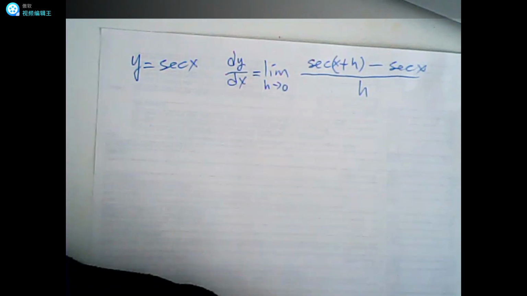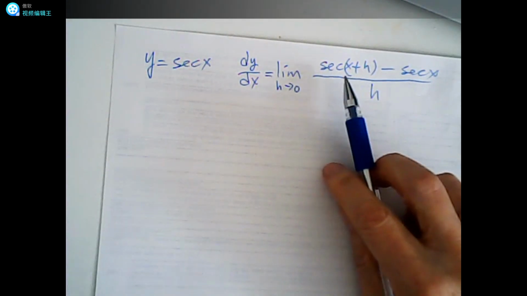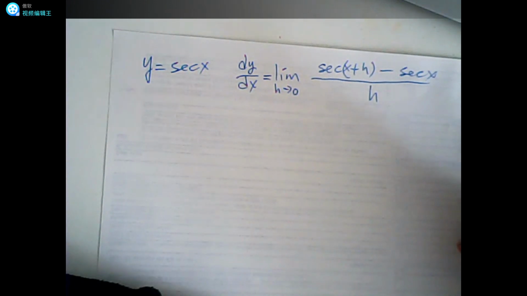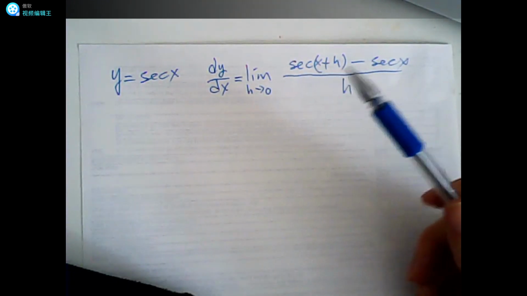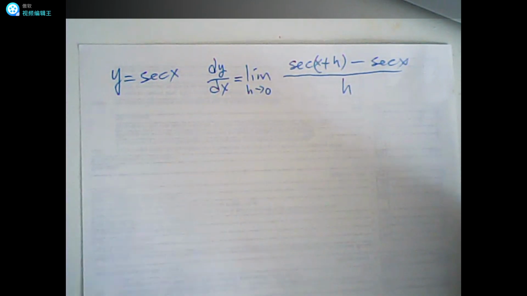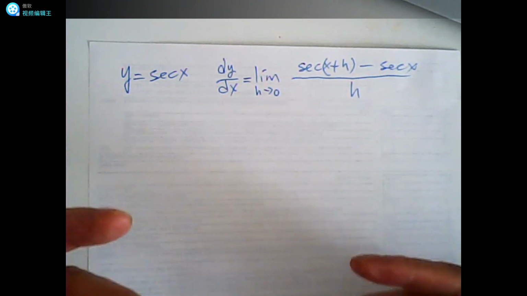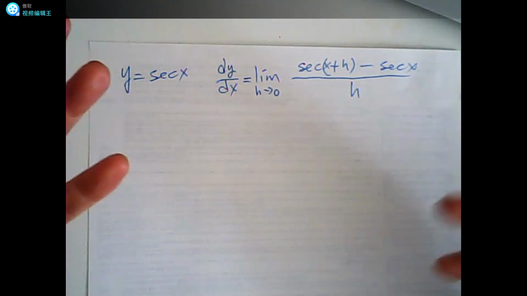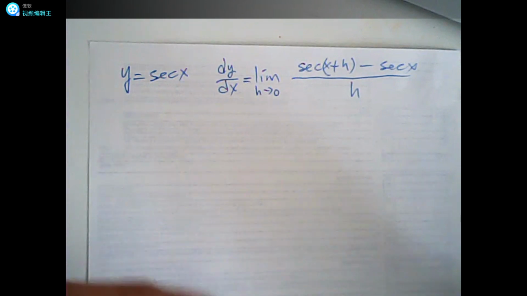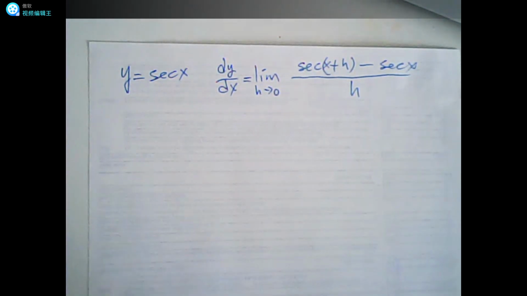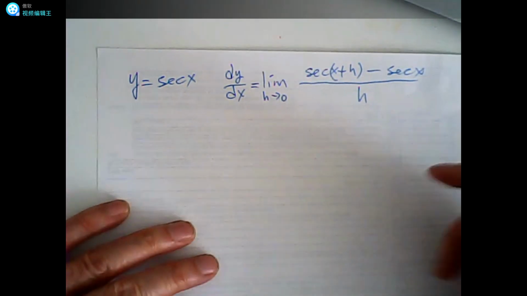All right, what to do? If we change secant into sine or cosine, it's much more familiar and simpler for us, because we have 6 trig functions, right? Sine and cosine are more familiar to us, like brother and sister, and tangent and cotangent are a little further, cousins. And secant and cosecant are even further, distant cousins.